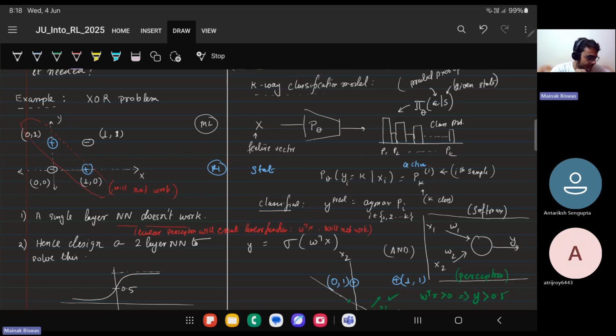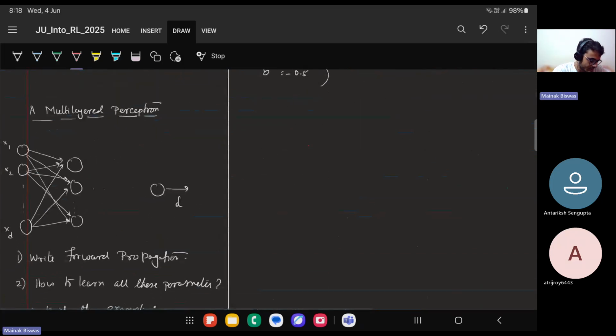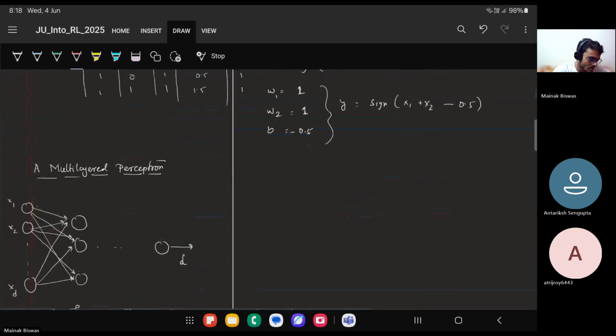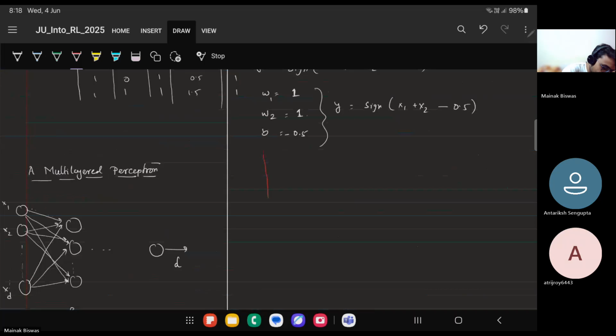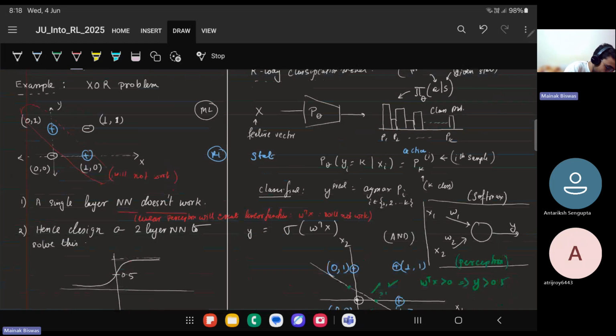Clear? So what is the solution to this? The solution is defining two layers. So let us see what to do. I'll just copy this diagram.